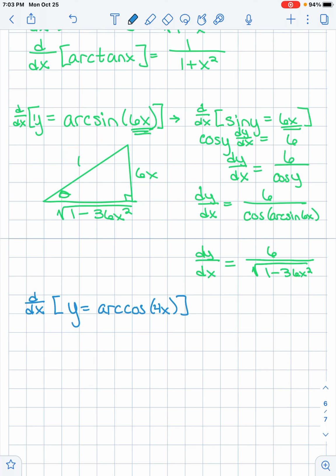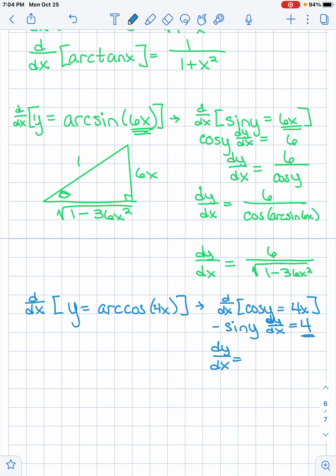Okay, I hope you actually tried to think about what the answer might be. I'm going to use the long process one more time and then not again after this. So I'm going to find the derivative of the cosine of y equal to 4x. I end up with negative sine of y dy dx equal to 4, so that's important. That's the derivative of that inner function.